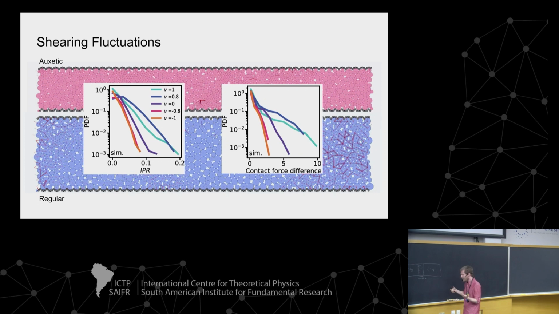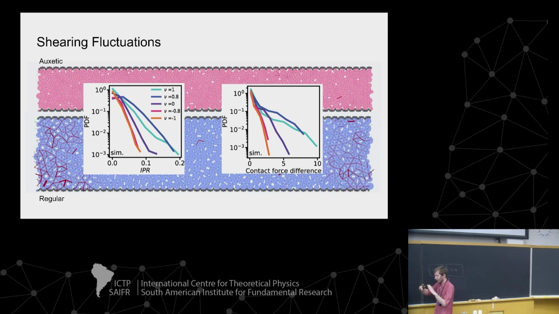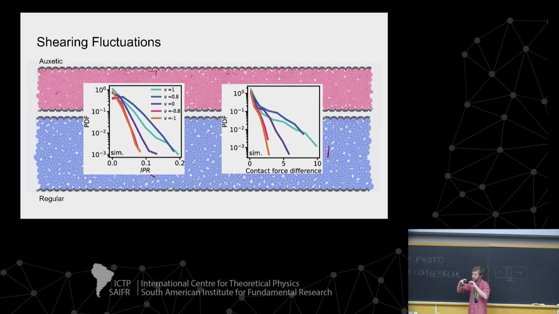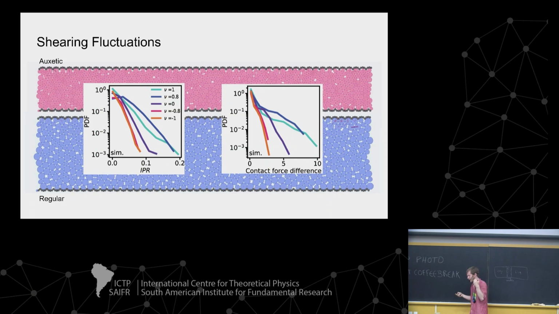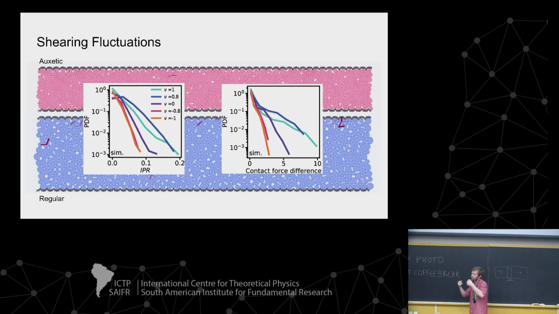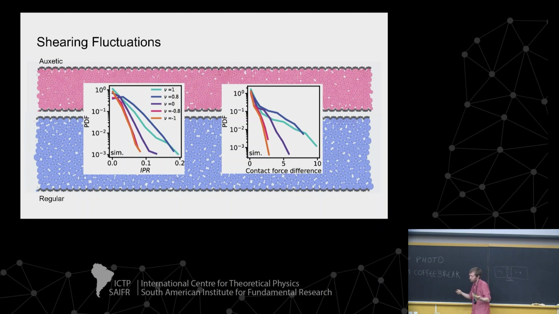This happens mainly because the auxetic grains like to shrink, and when they shrink, they're able to shift around and create many more small avalanches instead of one big avalanche. They're able to disperse energy before they gather energy into a bigger avalanche.